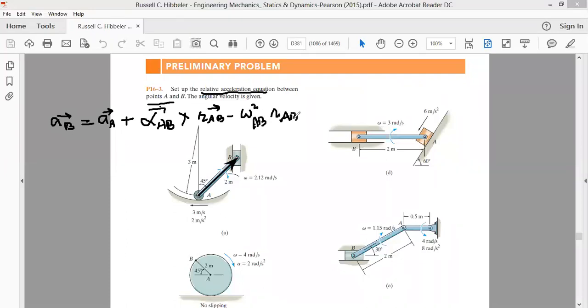This is what you have to do. This is called writing the acceleration equation between the 2 points. We don't have to solve it; we have to set up the equation.